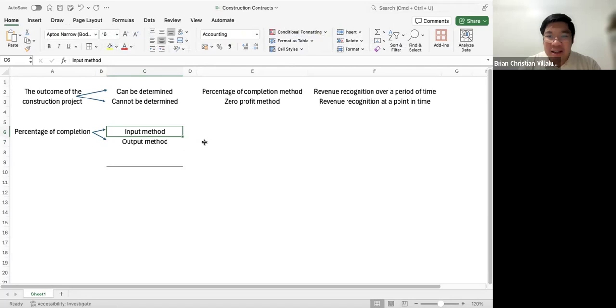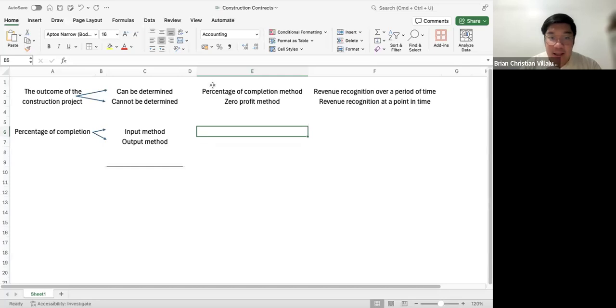Ano ang manner ng pagko-compute or pagde-determine ng percentage of completion kapag input method ang gagamitin natin? Ito lang iisipin nyo. Kapag tayo gumagawa ng construction project, ano yung mga inputs natin? Siyempre, mga costs. Particularly, construction costs, in the form of construction materials, construction labor, and construction overhead.